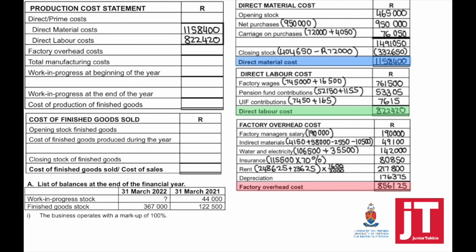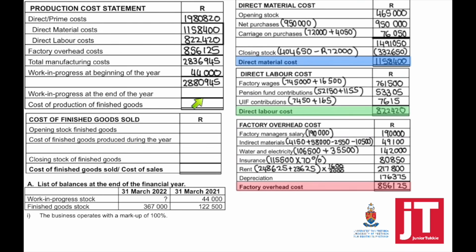Direct material cost plus direct labor cost equals my direct prime cost plus my factory overhead cost equals my total manufacturing cost plus work in progress in the beginning of the year equals, now work in progress stock at the end is a question mark.